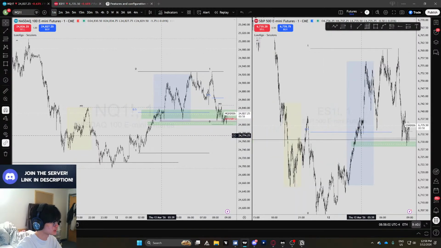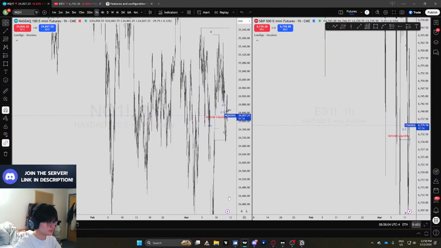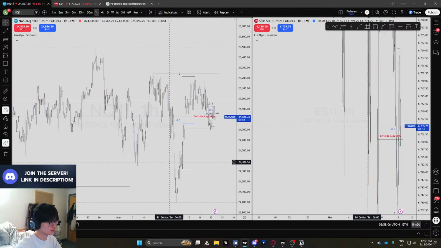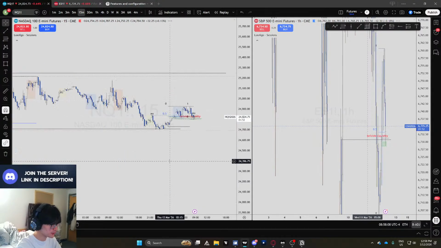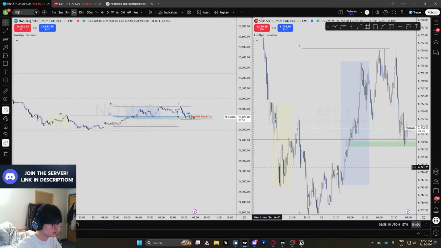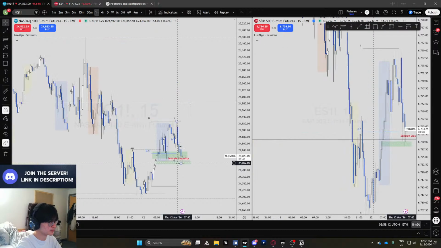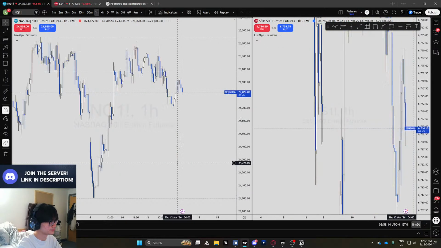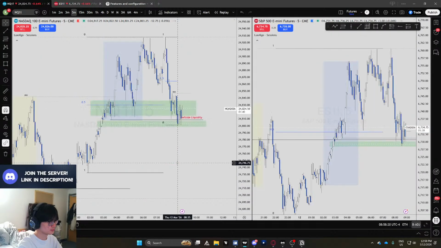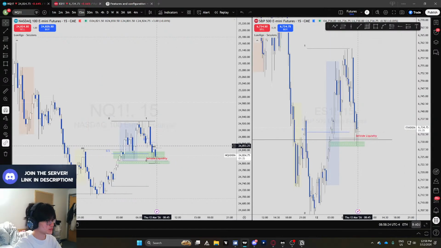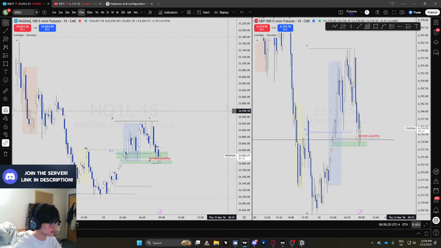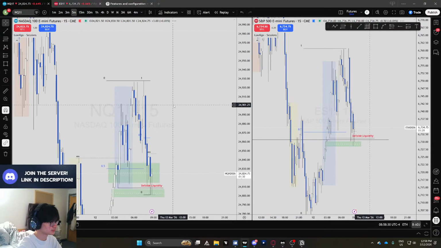Not sure if I'm putting myself in a bad position here or not. Just because of the high time frame, I feel like I'm not, but the problem is we're longing into a bearish value gap, so I'm not really too sure there.